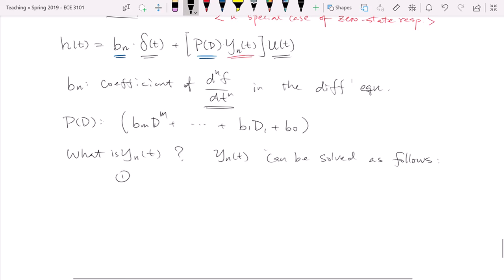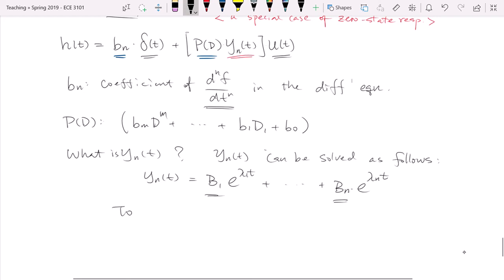So y_n of t will take the following form: b1 e to the lambda 1 t plus and so on and so forth up to bn e to the lambda n t. This is exactly how we expressed the zero input response, and y_n happens to take the same form. Of course, here I only illustrate the case where you have distinct roots, but for the other cases it's basically the same. But I use these b_i's just to distinguish from what we have discussed earlier.